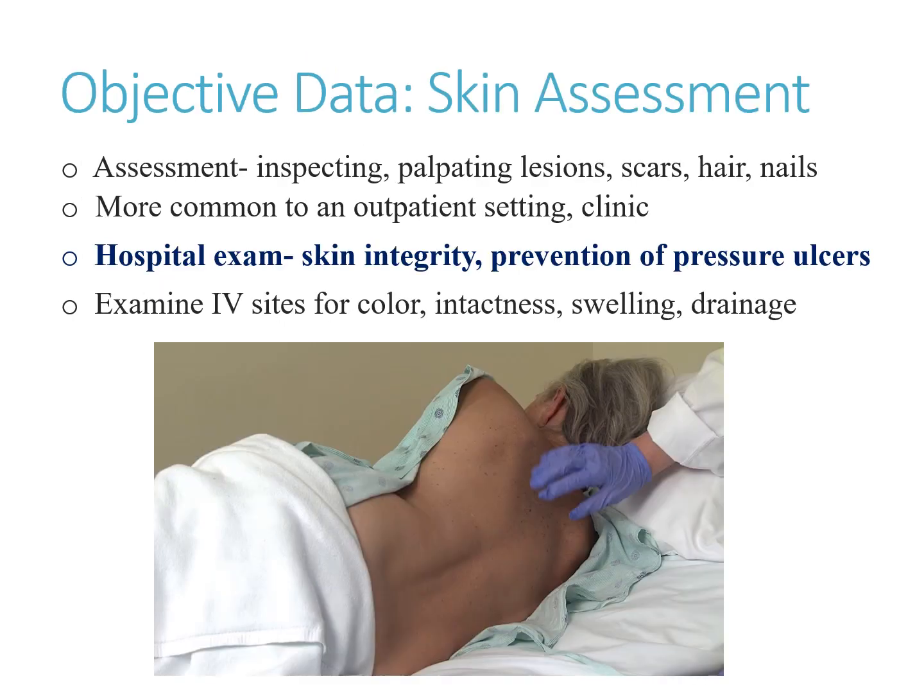So our objective data for skin assessment is your observation for these skin assessments, and then we're going to palpate. So if a patient has a lesion, maybe a nodule, pustule, or a mole, those kind of things, we're going to palpate.